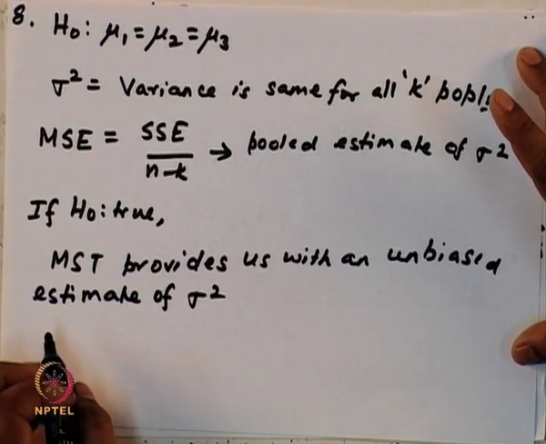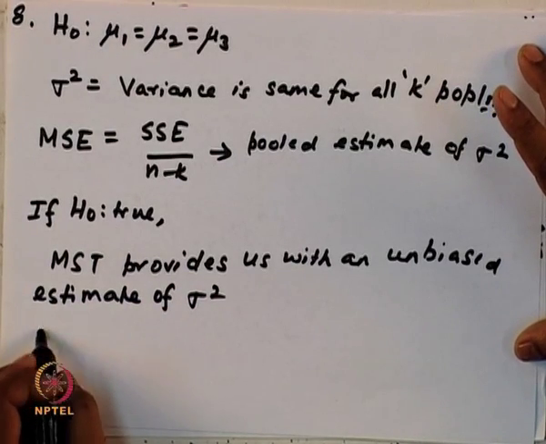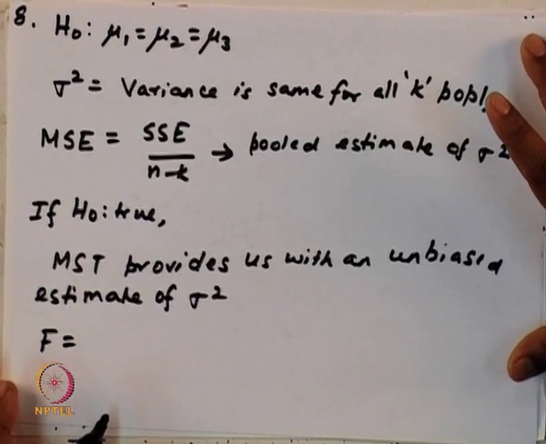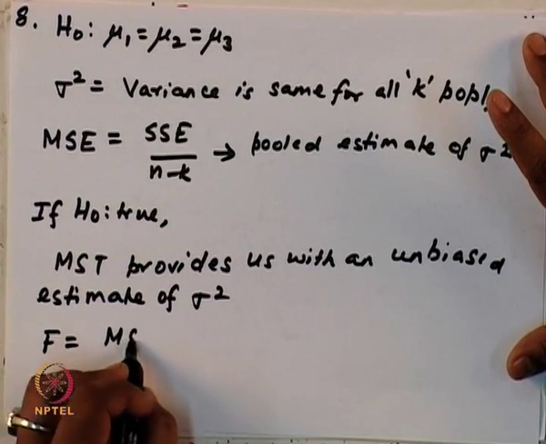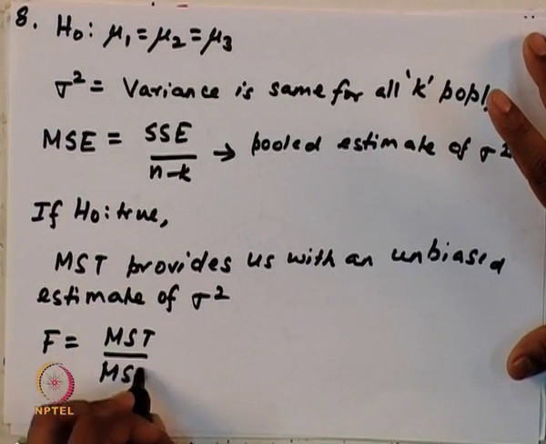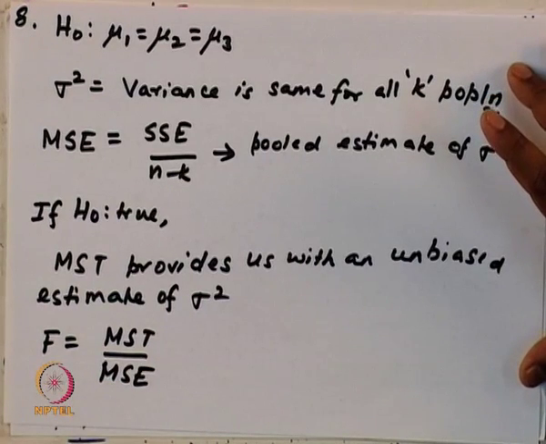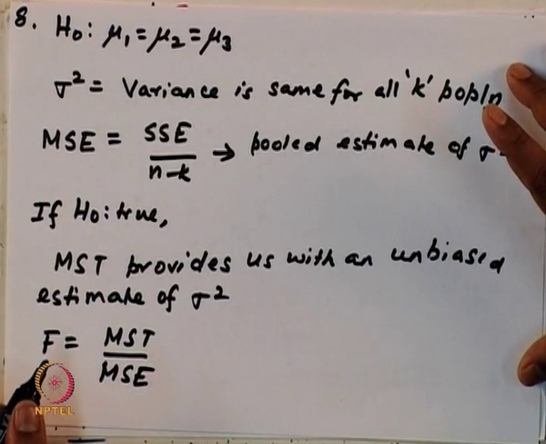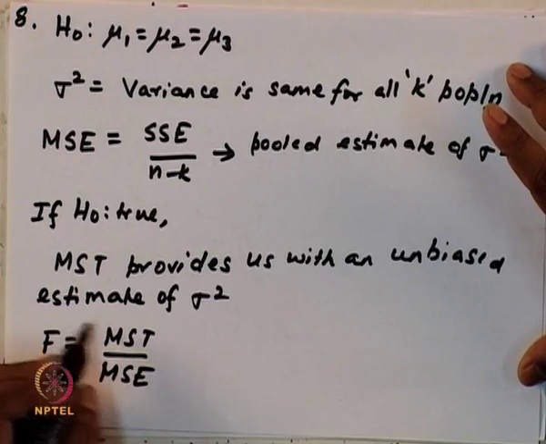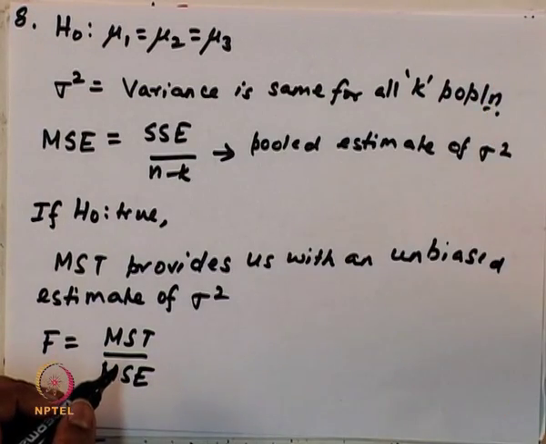So, you can calculate the test statistic as F. You can use the F test, where you define F as MST by MSE. Depending on your significance level, if this value is very large, then you can rule out H naught.